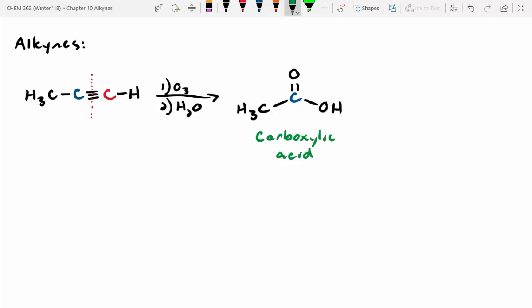The red carbon is going to get over-oxidized, so we're going to try to attach as many oxygens onto it as possible. What do you think this might look like? CO2. Oops, let me color code it correctly. So in this reaction, we're generating a carboxylic acid and CO2.